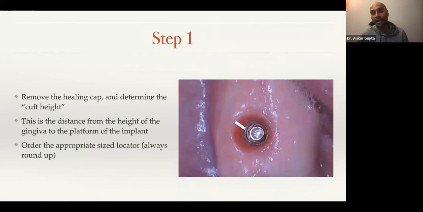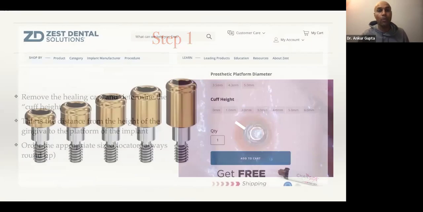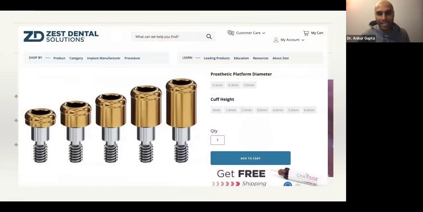You're going to say, I need a cuff height of 2 millimeters or 3 millimeters. What I would tell you is that if your perio probe shows something between 2 and 3 millimeters, always round up, and I'll explain why. Sadly, a lot of cuff heights don't come in like 1.2 and 1.6. It's usually 1 millimeter, 2 millimeter, 3 millimeter, etc. Those are those cuff heights.